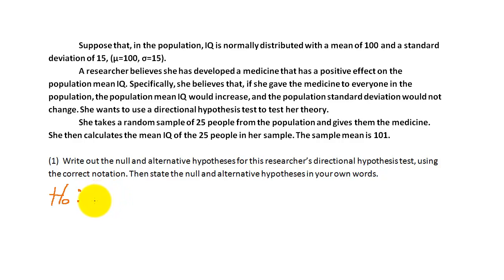So mu for the control group, after intervention, mu med is either 100 or smaller, because no positive effect means it's got to be one of these: it doesn't change, or it got smaller.